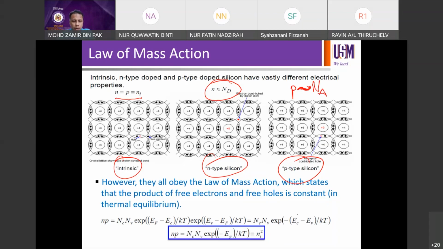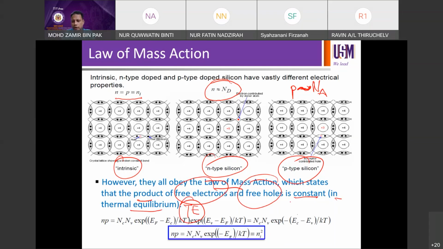However, they all obey the law of mass action, which states that the product of the free electrons and free holes is a constant at thermal equilibrium. I'm going to use a lot of TE after this. TE means thermal equilibrium.